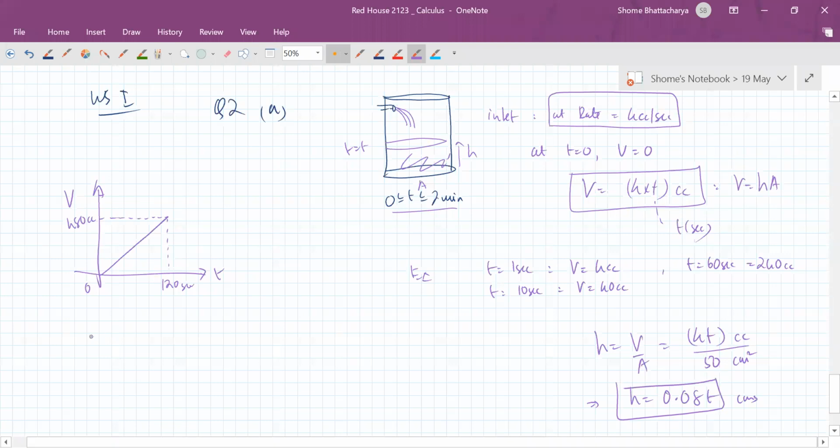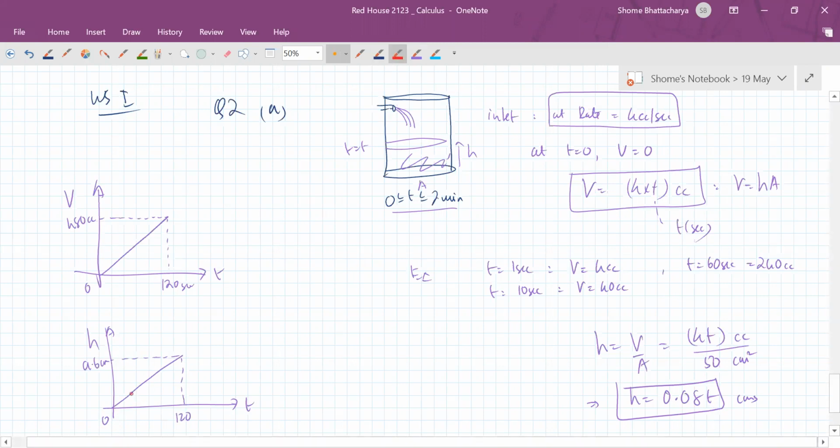So now if we visualize the height versus time graph, that's also a straight line graph which has a slope of 0.08. So from 0 to 120 seconds, the height is changing from 0 to 9.6 centimeters. Just multiply this with 120. So now what is the rate at which the height is changing? The rate is nothing but the slope of this line.